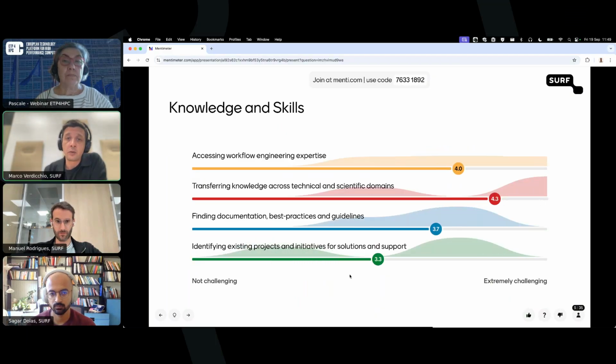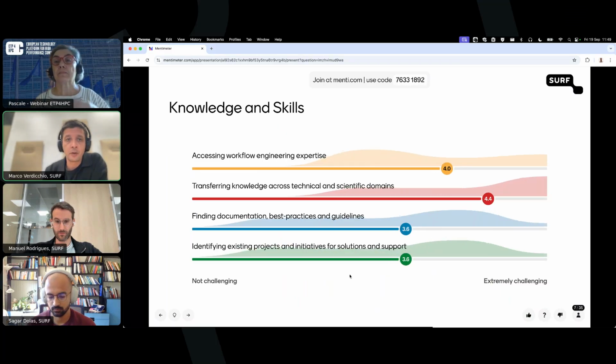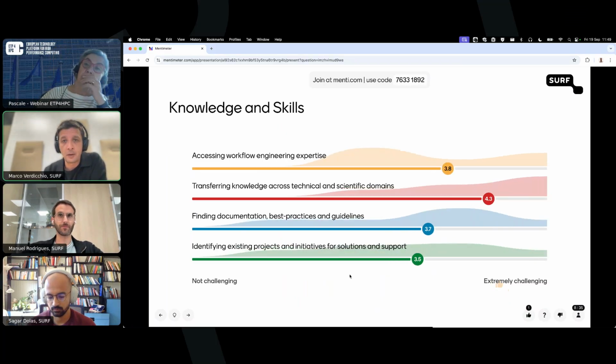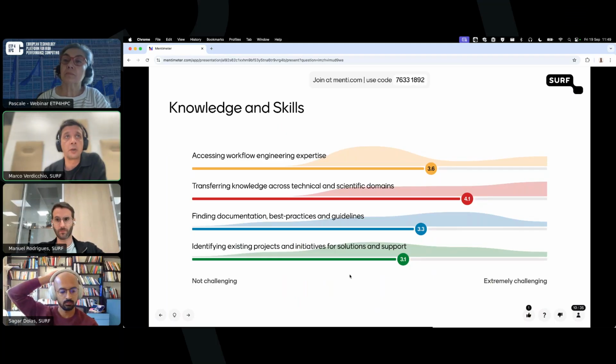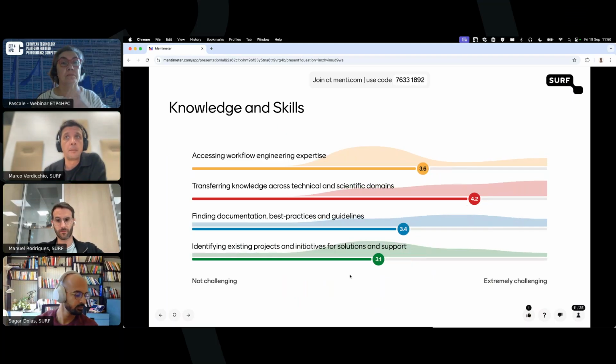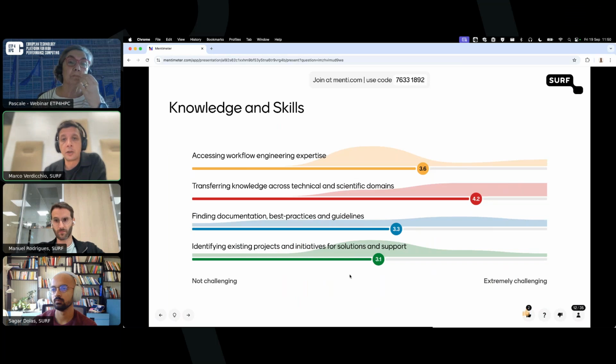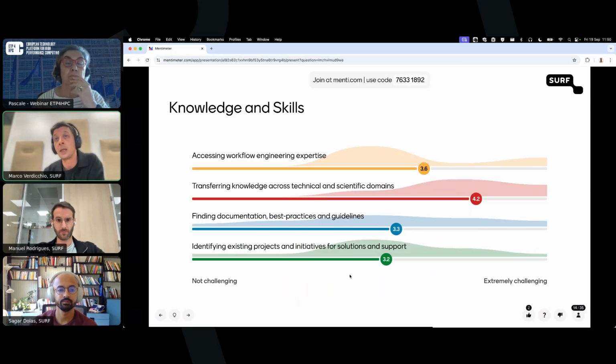So accessing expertise, workflow engineering, not simple software engineer or researcher, but really the specific skills of a workflow engineer. How easy is it to find these in your team or collaborations. Then an aspect on knowledge transfer across technical and scientific domains, so reusing components or best practices or tools developed in other communities, how easy it has been in your experience to adopt them in your workflow.